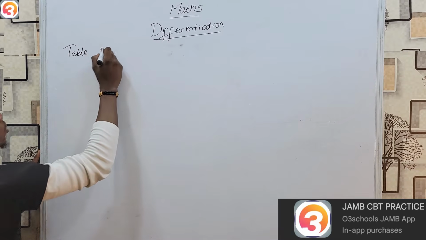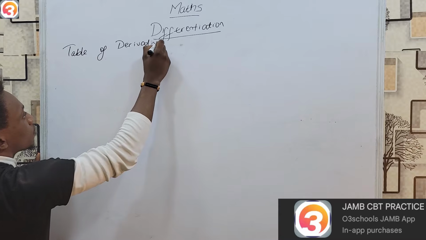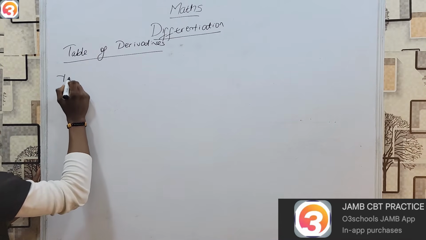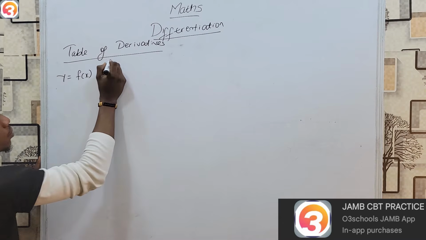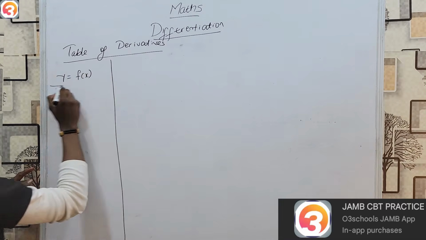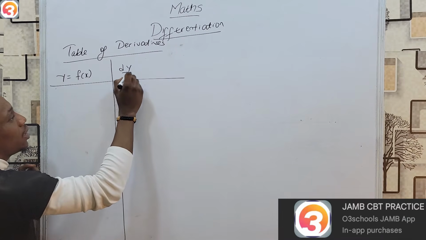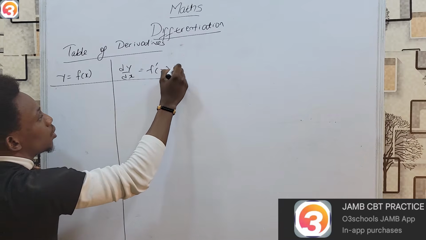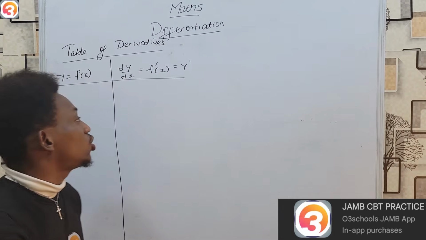So let's look at the table of derivatives. On this side of the table will be my y, which is f of x. And on the other side of the table would be my dy dx, or f prime of x, or y prime, whatever symbol gets used in that particular instance.